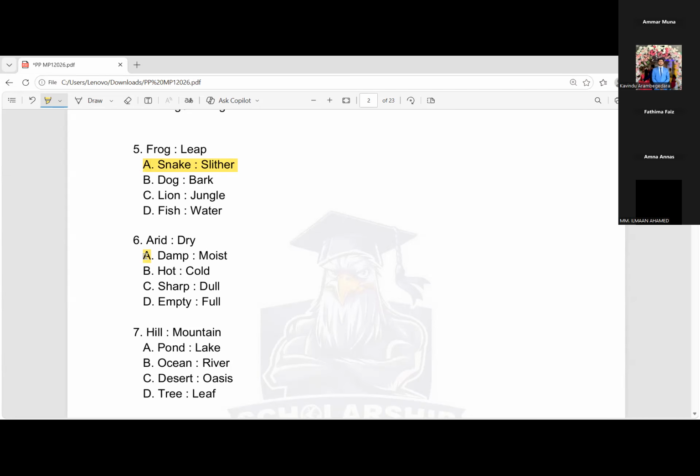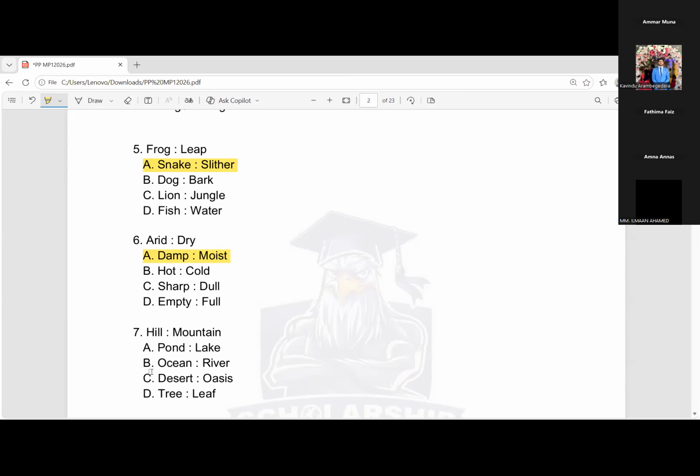If you don't know the meaning of any word, just remove the answers, because see, hot and cold, sharp and dull, empty and full, all those are opposites, right? See, these three answers has a connection, but this one is different. So if you don't know the meaning of any word, just remove the answers, the remaining answers, and then you will get the correct answer.